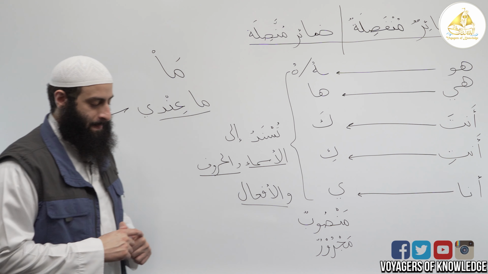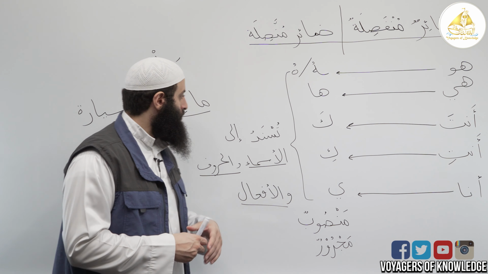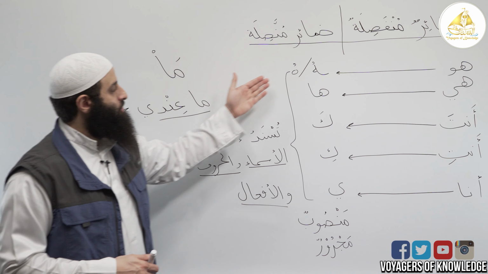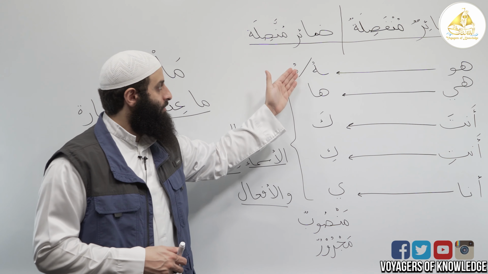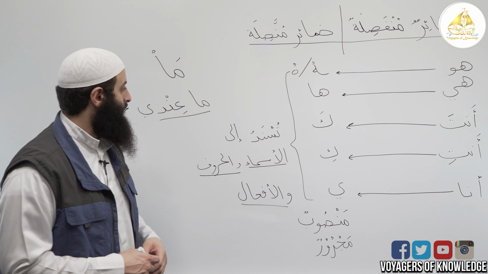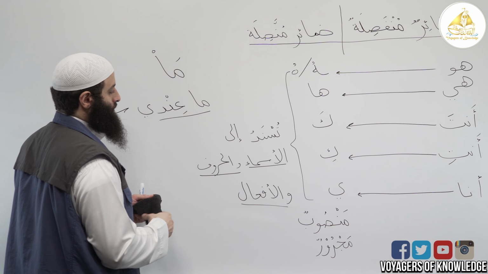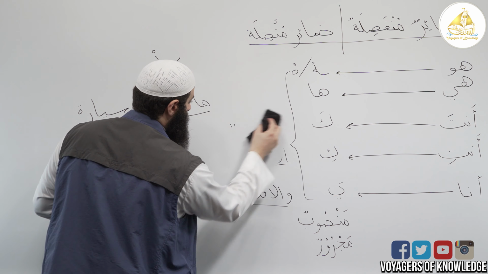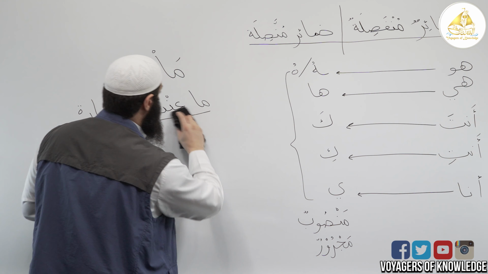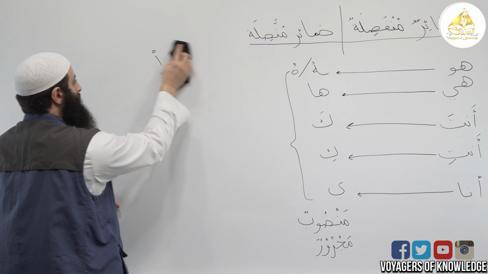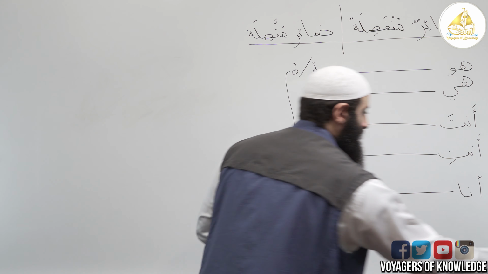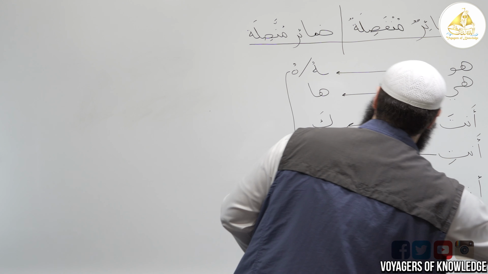Let's try to mix up using عند plus one of these pronouns. Okay? So, I'm going to erase this part. And we're going to play a little fill in the blank game.